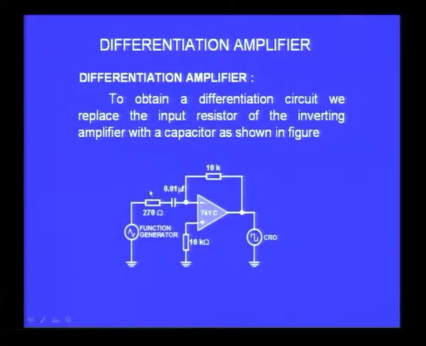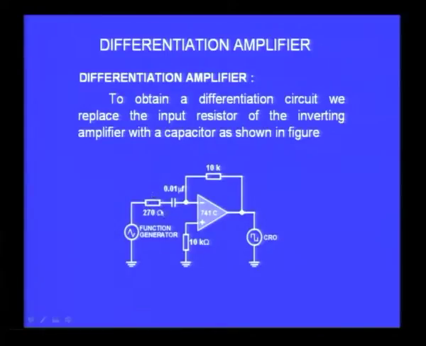So I have used 270 ohms in addition in series with a capacitor, then there is a 10K resistor in the feedback, and I have also used a 10K resistor for the other signal for connecting to ground. This 10K I have added for balancing the input bias current differences between the two inputs, about which I will discuss a little more in detail later on. So this is my differentiating circuit.